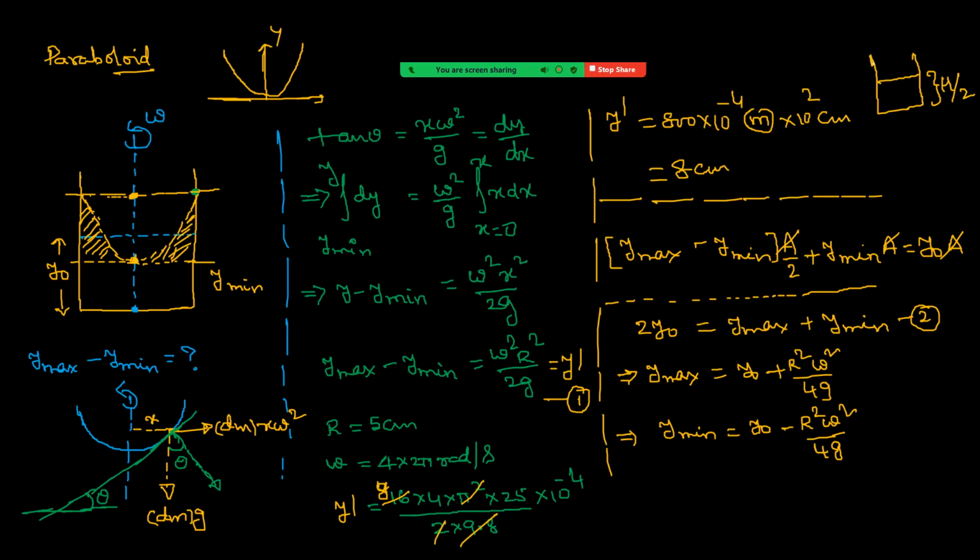Once about to spill, touching this h, touching means y maximum becomes h. Then h minus h by 2 is h by 2. Then we get the value of omega. So like this, we can expect questions based on these two. Okay. So I hope you got the clarity.